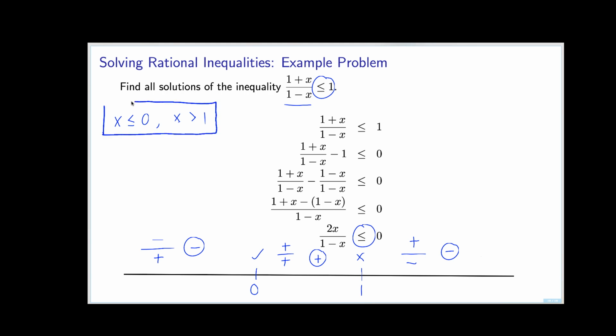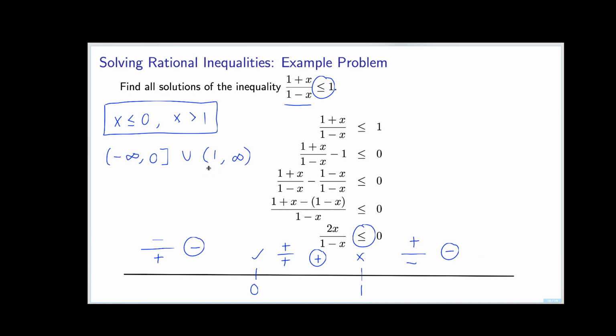So we found the solutions of this inequality. If we want to write this in interval notation, x less than or equal to 0 means negative infinity to 0, and I'm going to use a square bracket here to indicate that we are including the endpoint of 0, and then union x greater than 1, so x going from 1 to infinity.